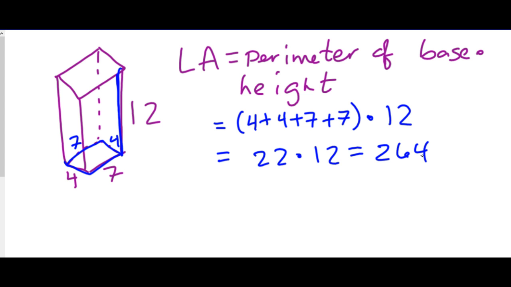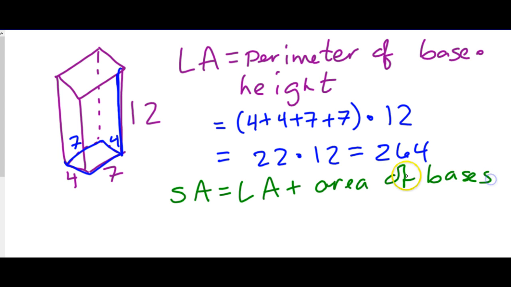We know the surface area is the lateral area plus the area of the bases. So we know lateral area now is 264. We need to find the area of the bases.